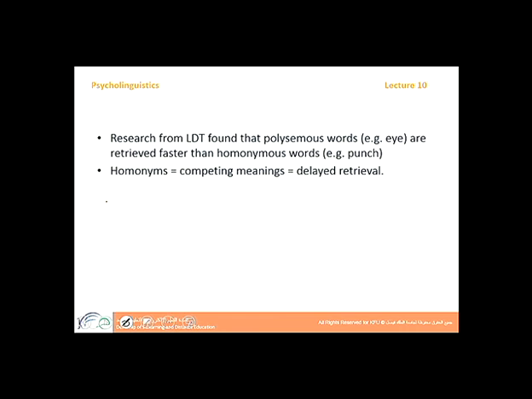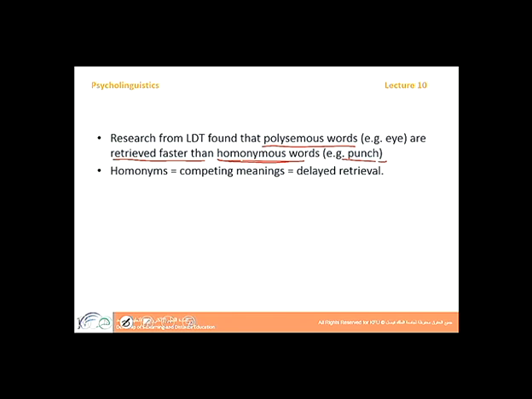Now, what researchers found is that polysemous words, things like the eye of the needle or my eye, are retrieved faster than homonymous words, which have different meanings. Take the word punch, for example.